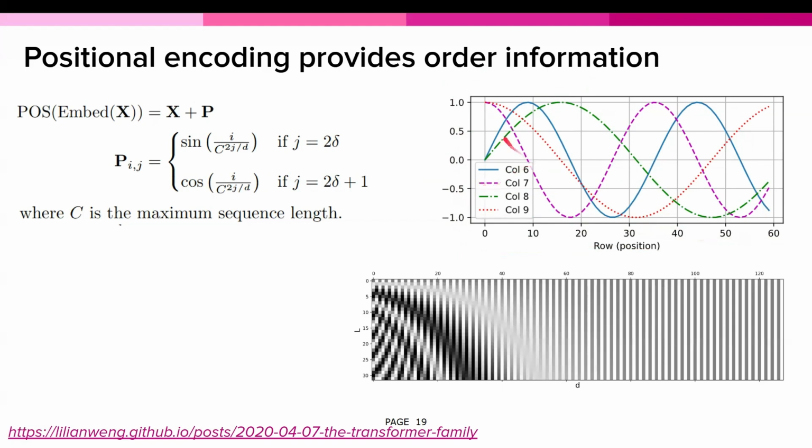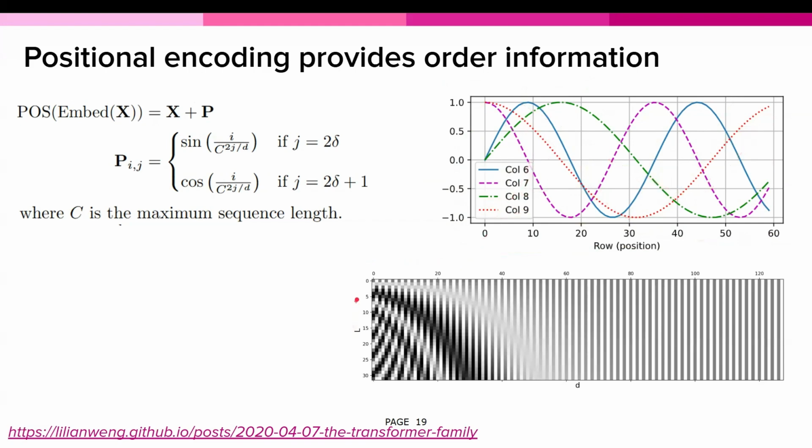And then each color corresponds to a different basis function for each embedding dimension. So what we can see is that the first few, so column 6 and 7, they're oscillating the fastest, and then higher dimensions like column 9, that's oscillating slower.